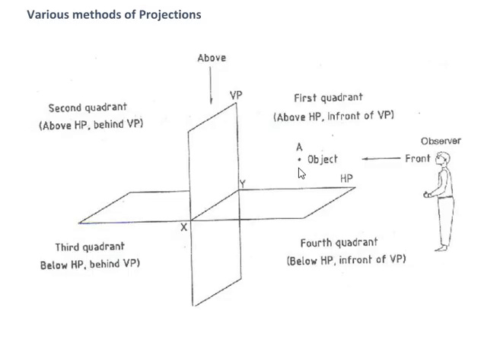The procedure is: for the front view, the observer always stands here. For the top view, the observer always sees from here. The front view of the object is projected on the vertical plane, and the top view is projected on the horizontal plane. After projections, the horizontal plane is rotated in the clockwise direction by 90 degrees for visualizing both views in a single position. These are the general rules followed in orthographic projections.